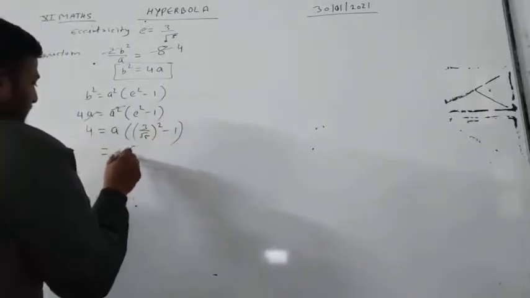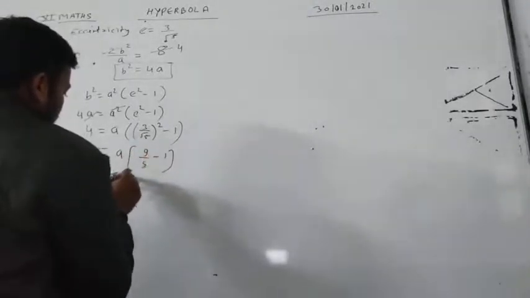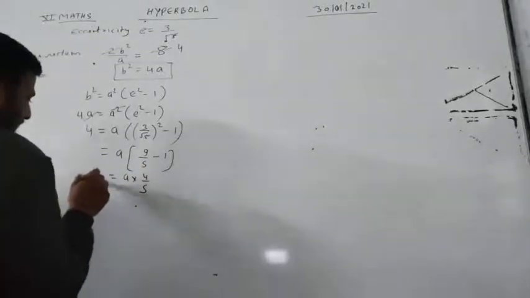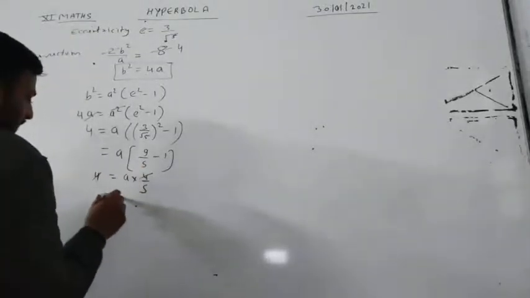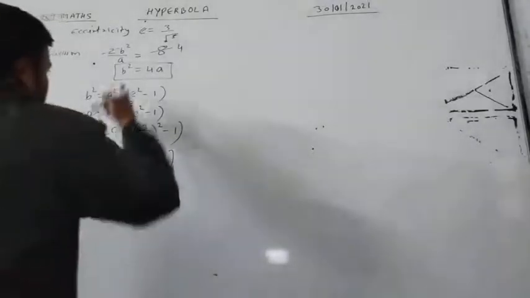Now a into 9 by 5 minus 1, so a into 9 minus 5, this is 4 by 5, and 4 and 4 cancel, so we are getting our a is 5, students. Okay, so a is 5.